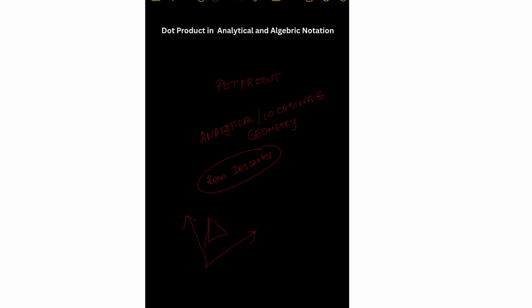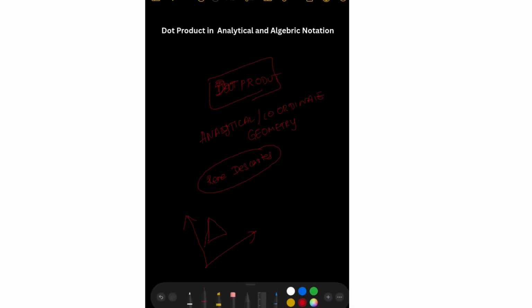Now let's get into the definition, the core of this video, which is the dot product. Let me select another color for this. I'll select blue here. The dot product is also called a scalar product. Scalar in the sense that when you multiply, you end up with a single value.